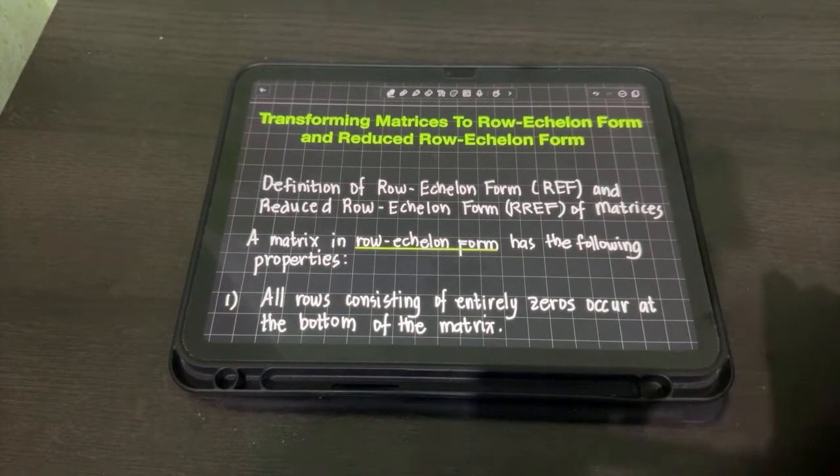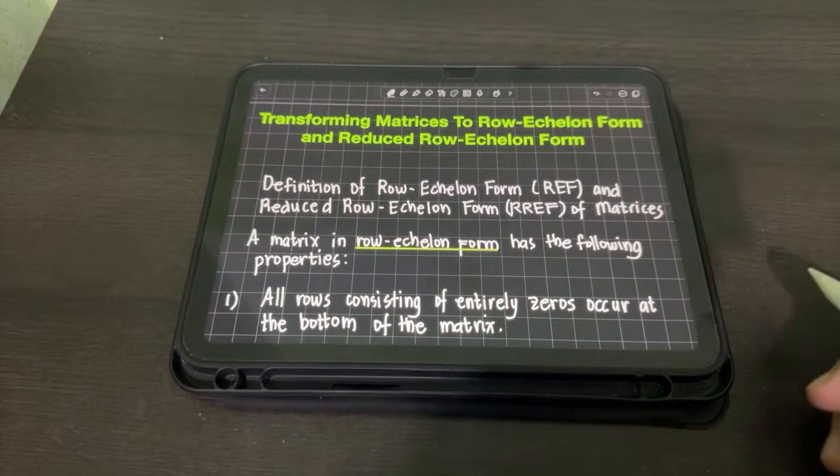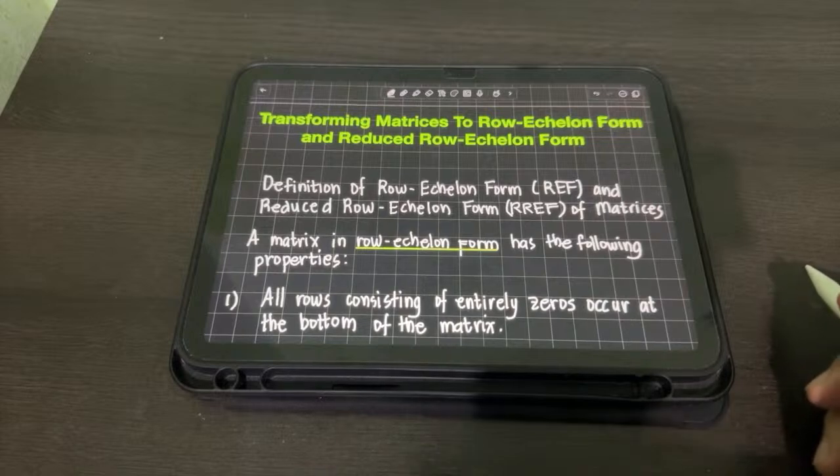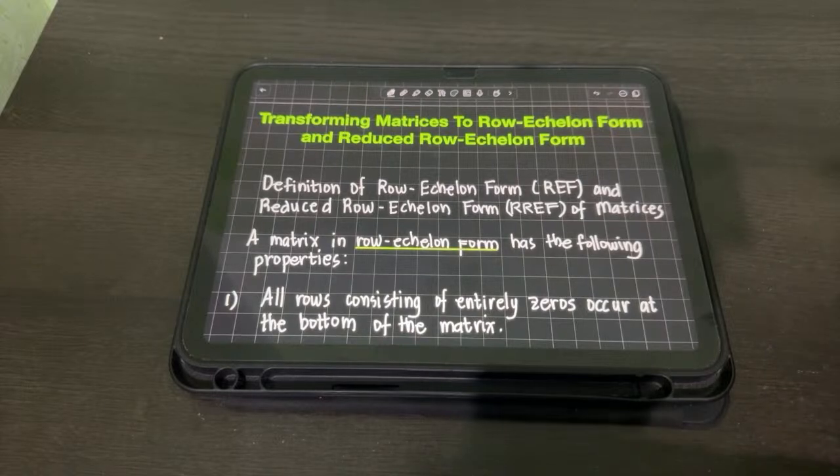So we're live. Our topic for today is transforming matrices to row echelon form and reduced row echelon form. By the way, I already have a previous video all about row echelon form and reduced row echelon form of matrices.